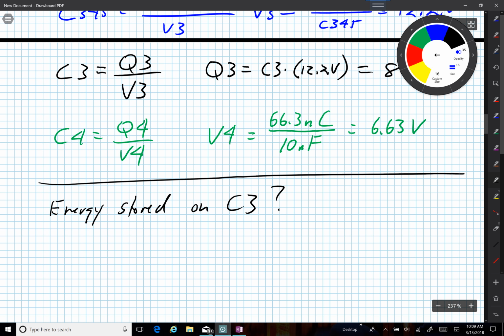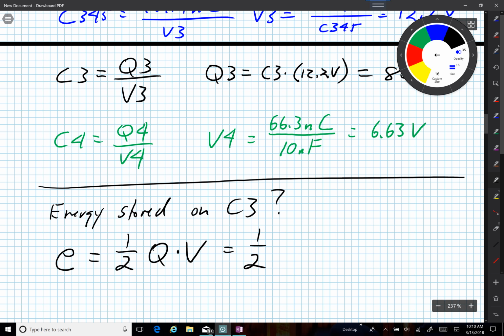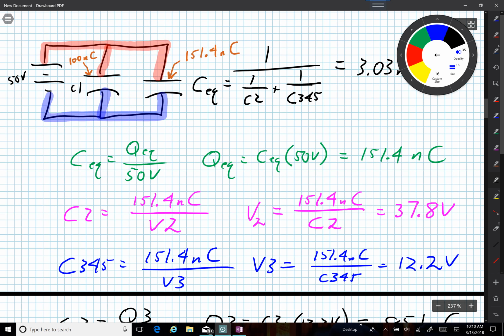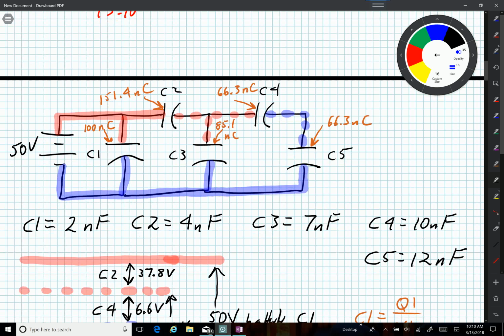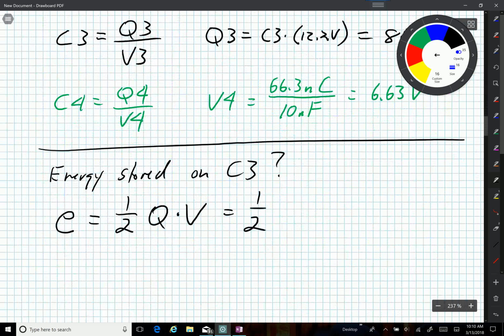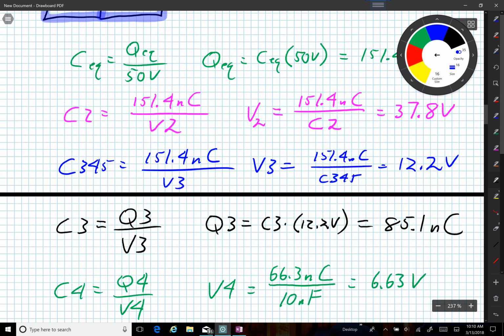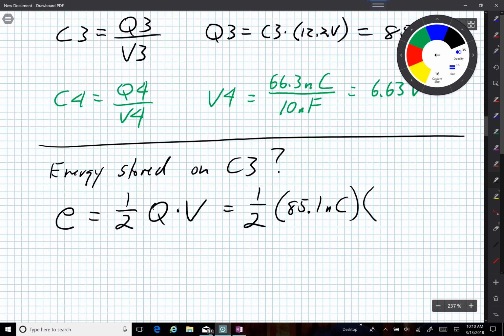Well, we said energy is 1/2 Q times V. Well, I know Q and V now. What's the charge on C3? Well, let's go back up here. C3 is 85.1 nanocoulombs, and the V3, that was the 12.2 volts.